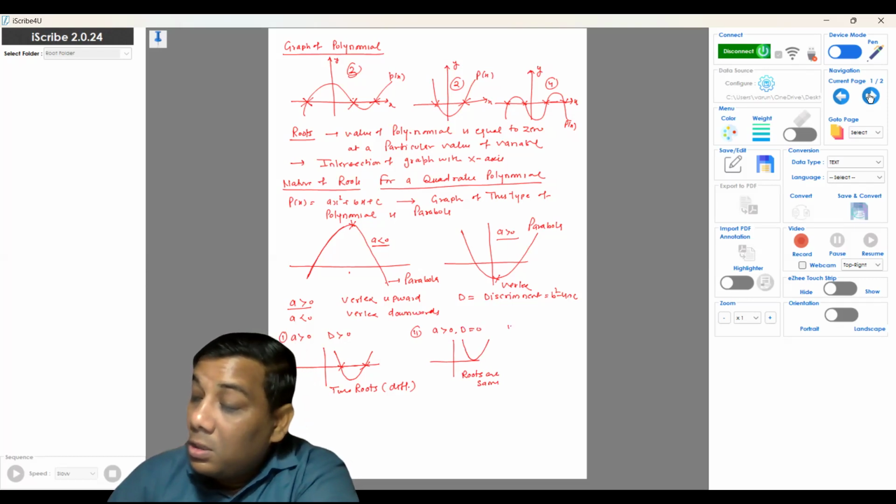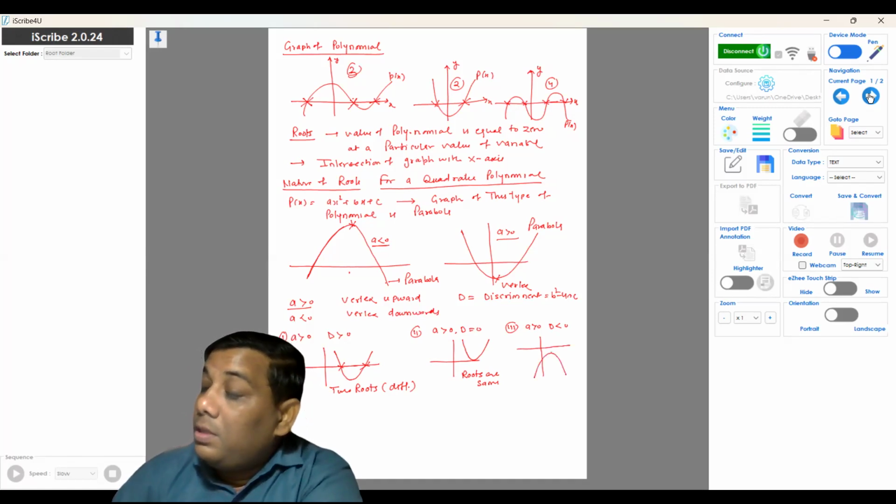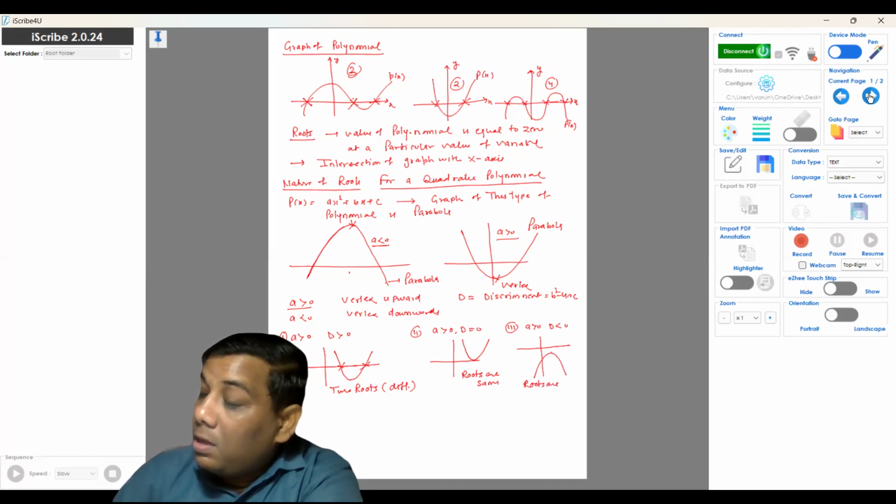Third condition is a greater than 0, but D less than 0. Then in this condition, roots are not real, that is imaginary.